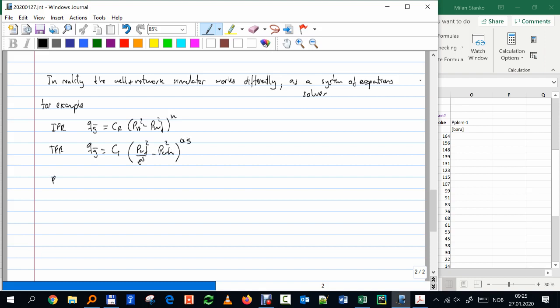Then you had the flow line: QG equals C flow line, P template squared minus P plem squared to the 0.5. And then you had the pipeline: QG equals C PL, P plem minus P separator to the 0.5.